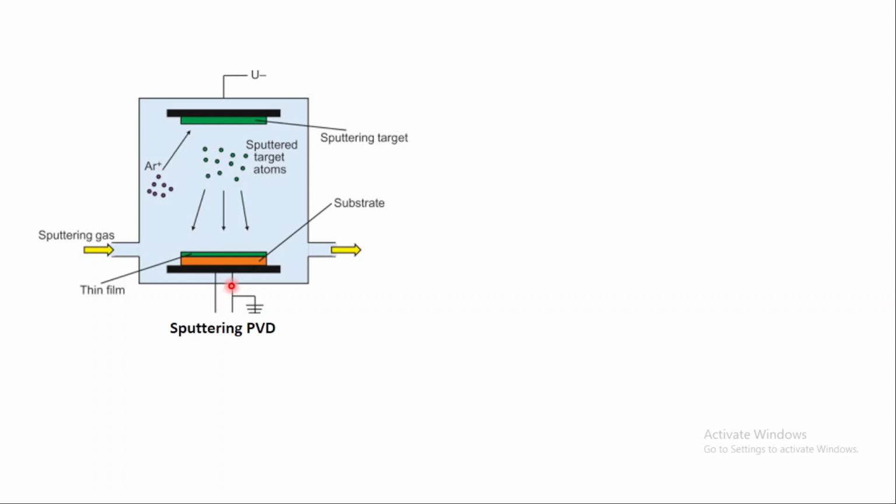And here there is a voltage difference to attract these charged atoms from the plasma state. So we have a sputtering gas which will bombard the sputtering target. Some nanoparticles or atoms will escape in the plasma state, then escape the plasma state and deposit on the substrate as a thin film. So this is the process mechanism of a sputtering PVD.